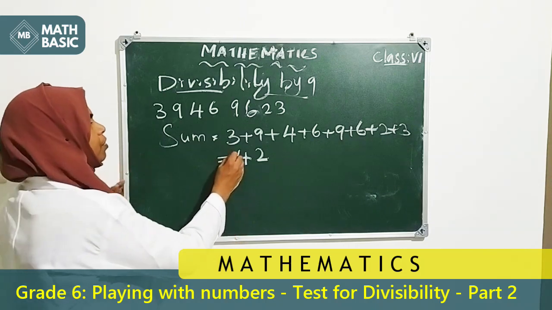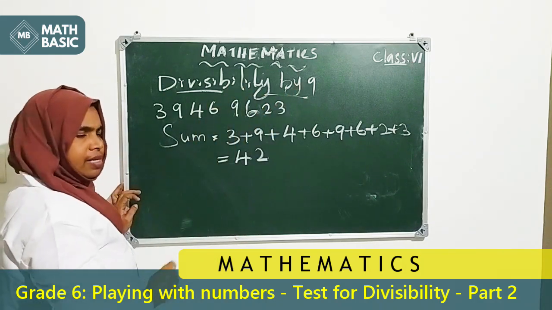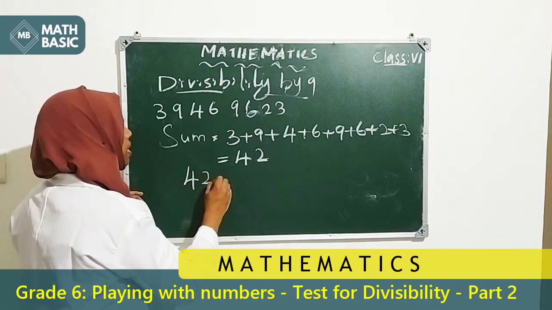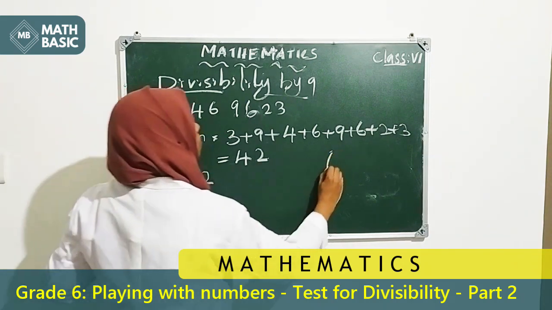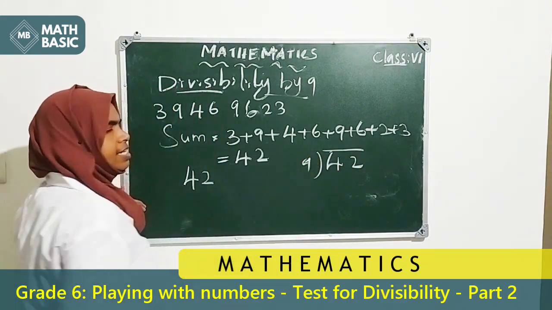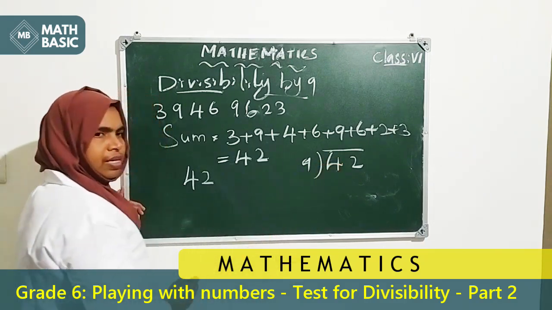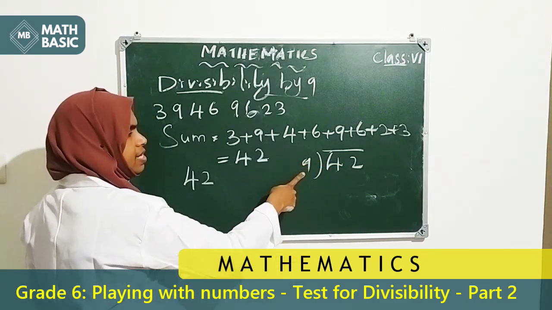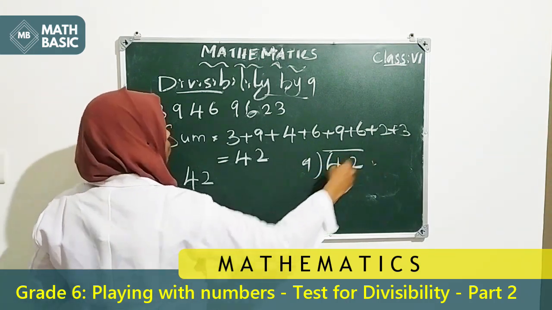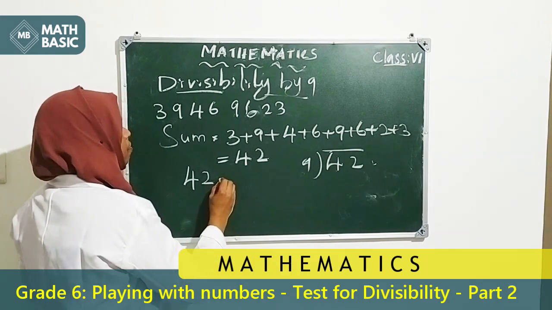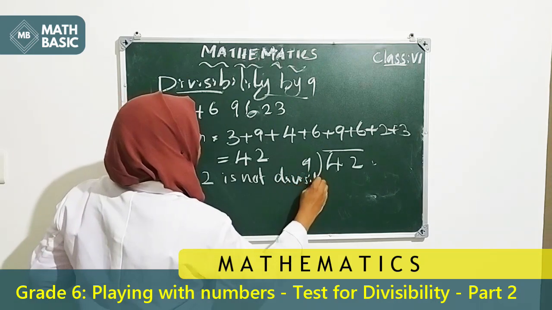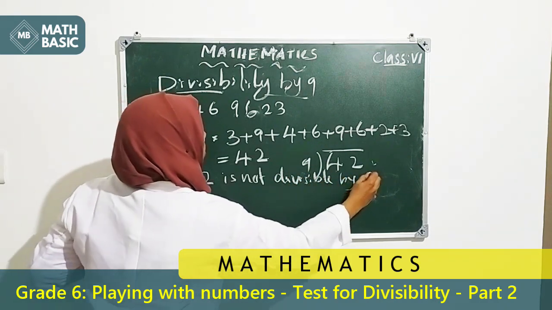Check whether 42 is divisible by 9. How can we do that? Can 9 divide it or not? See the 9's table, there is no 42. After 4 nines are 36, then comes 45. So here no 42. So, 42 is not divisible by 9.